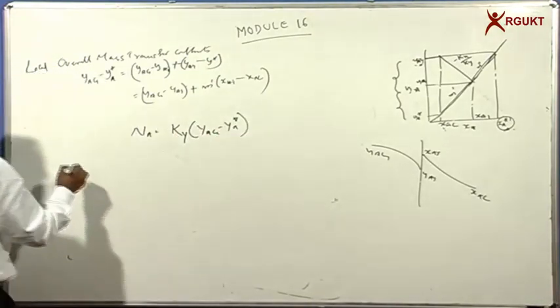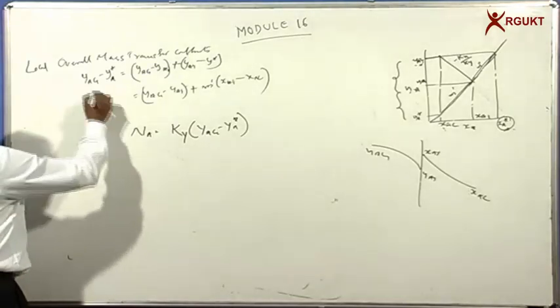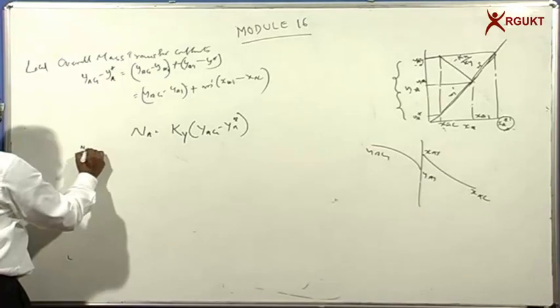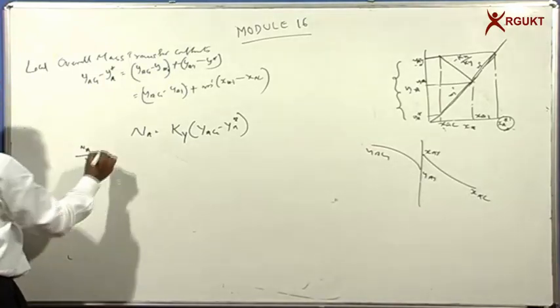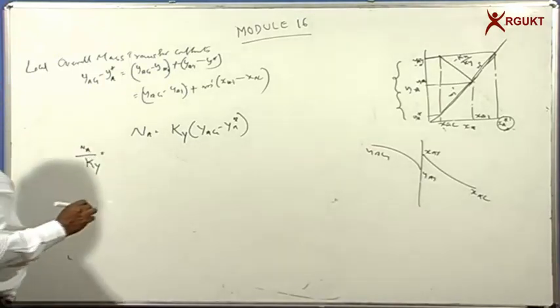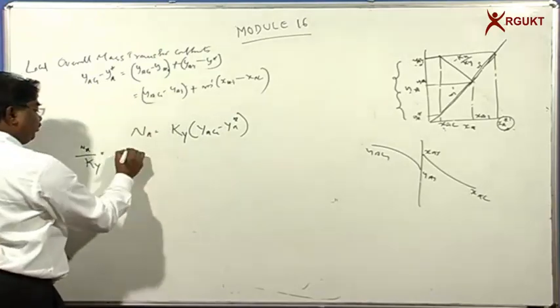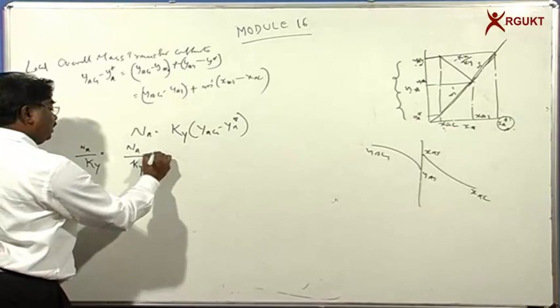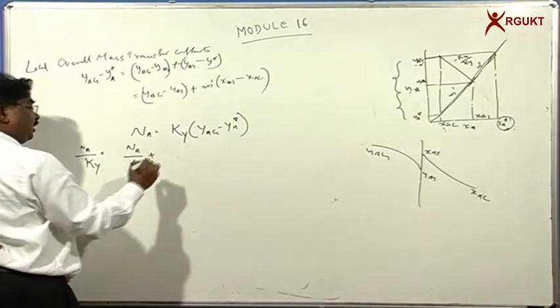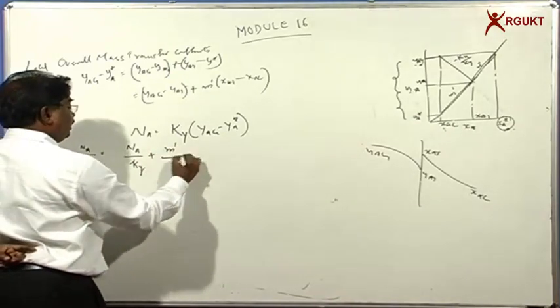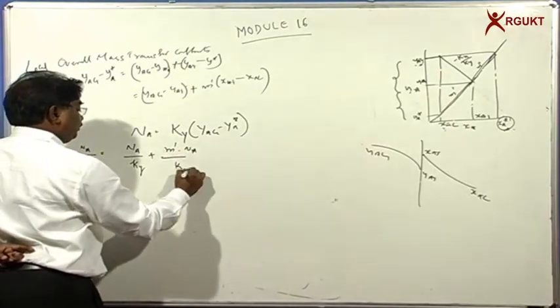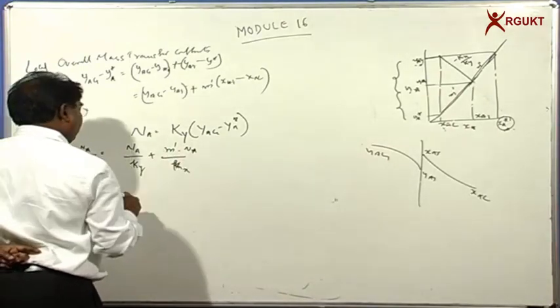So YAG minus YA star can be written as NA by capital Ky, where capital Ky is called the overall mass transfer coefficient. YAG minus YAI can be written as NA by small ky, the mass transfer coefficient in the gas phase, and m prime into NA by kx is the mass transfer coefficient in the liquid phase.